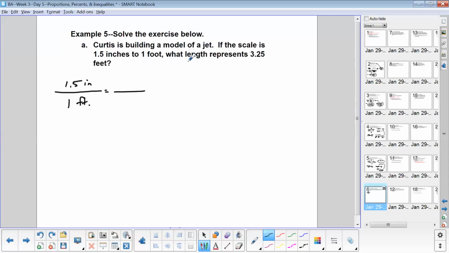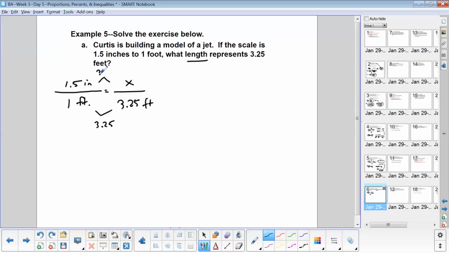Well, what length represents 3 1/4 feet? Well, if I know that this 1.5 inch to 1 is going to equal to something, well, since this is a unit rate here, I know that I'm going to multiply 1 by 3 1/4 to get 3 1/4.